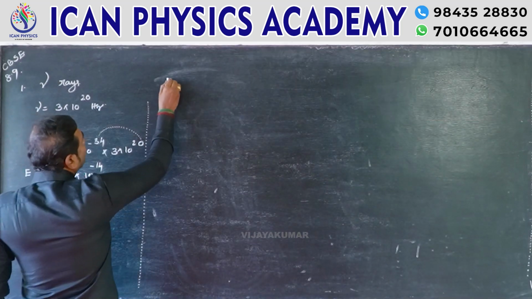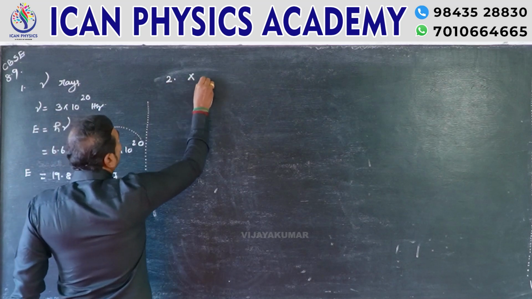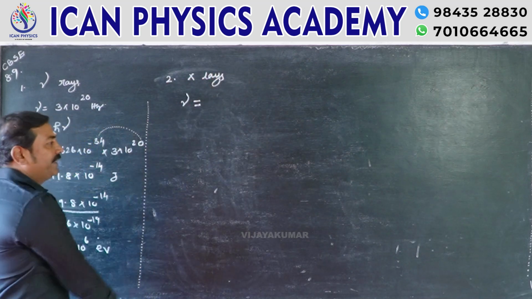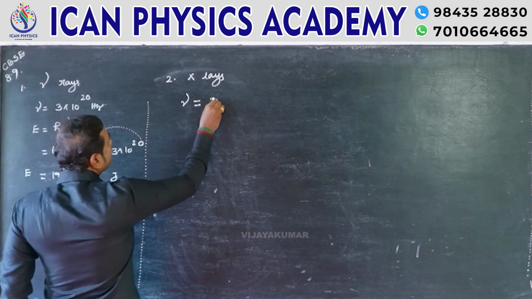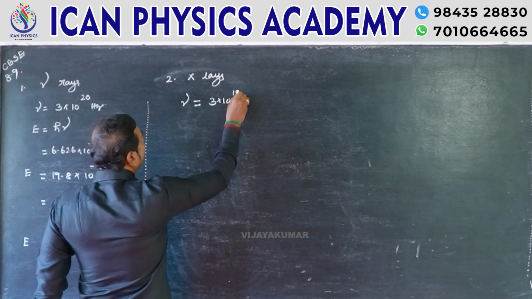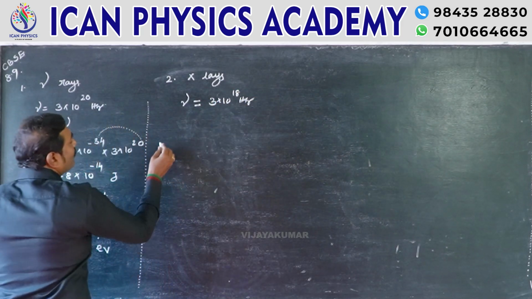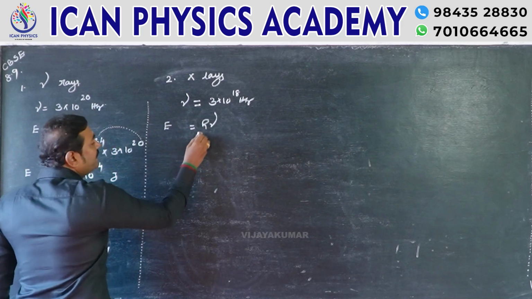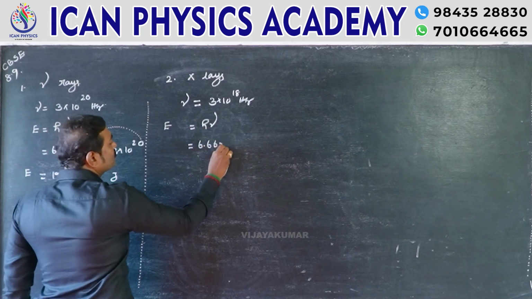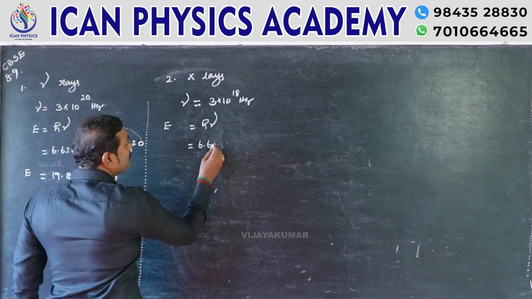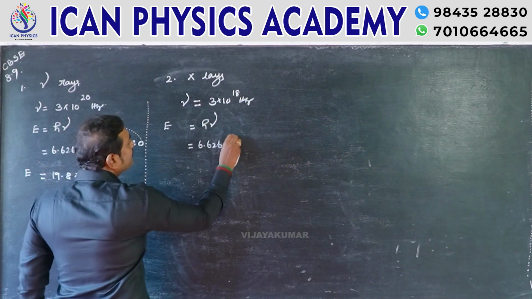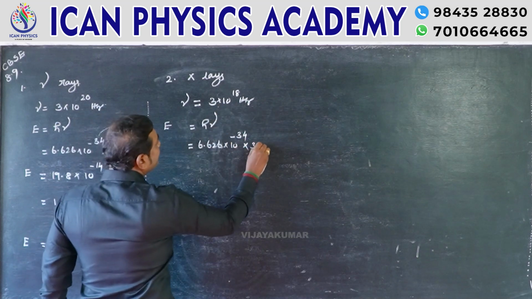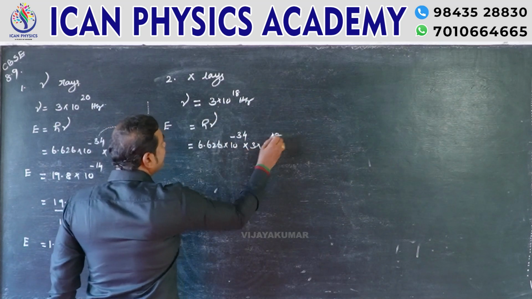The next one is X-rays. So the frequency of X-rays is 3 into 10 to the power 18 hertz. Okay. So E equal to h mu. So what is h? 6.626 into 10 to the power minus 34 into 3 into 10 to the power 18.